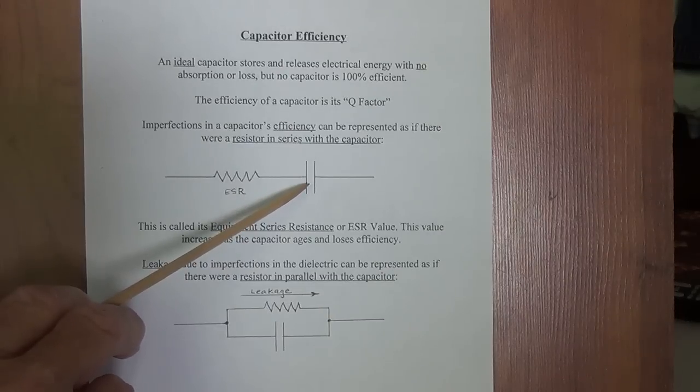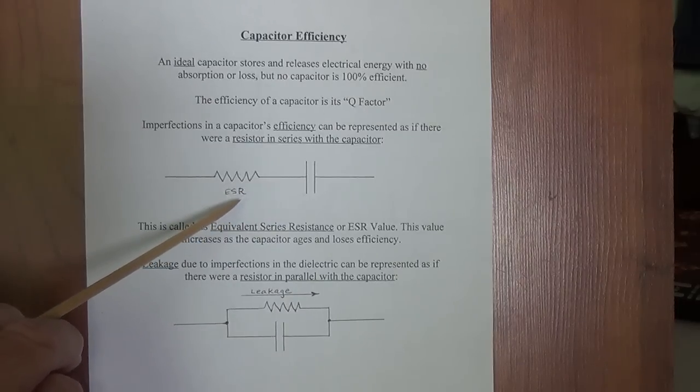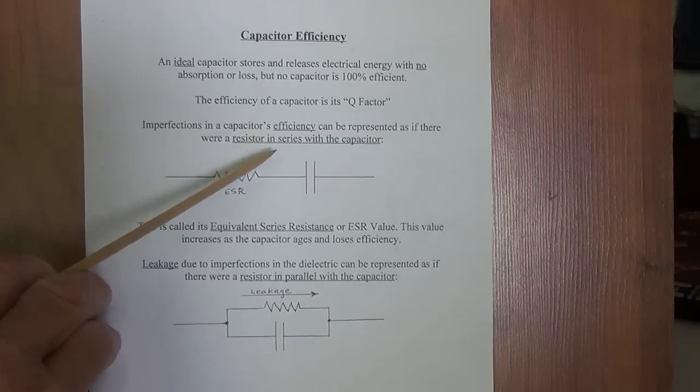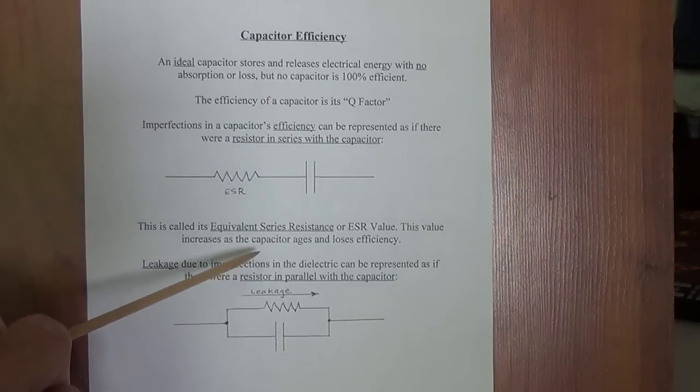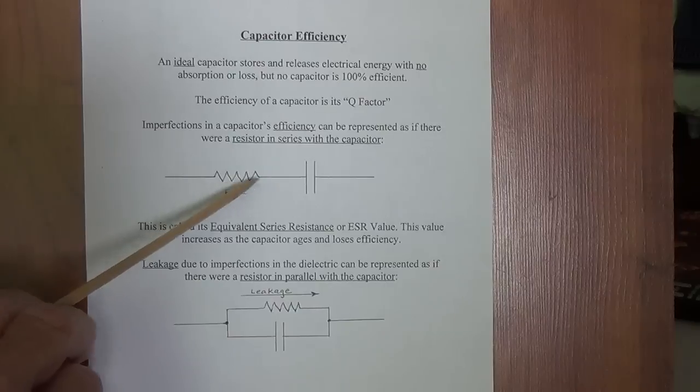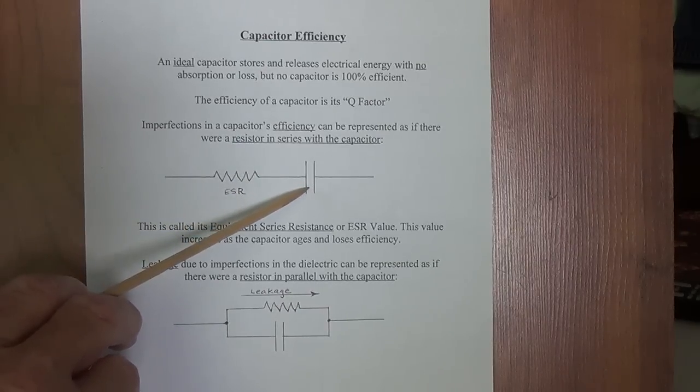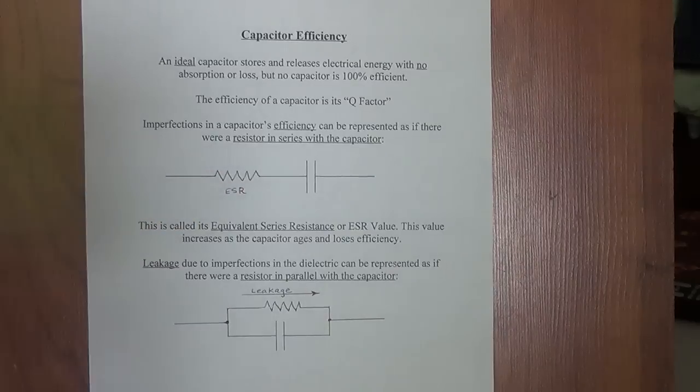When capacitors are first created, their ESR values are at a minimum. They're never zero. I've never seen one be zero because no capacitor is 100% efficient. But we'll see that as the capacitor ages, the ESR value will go up.